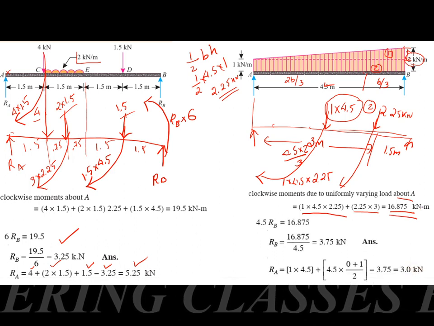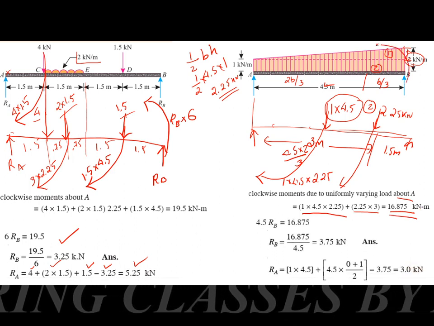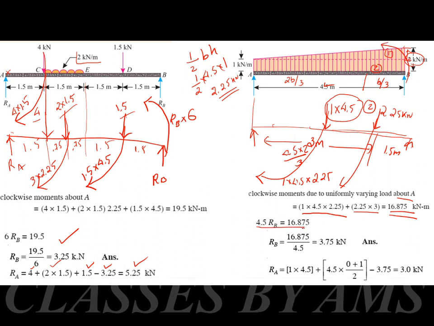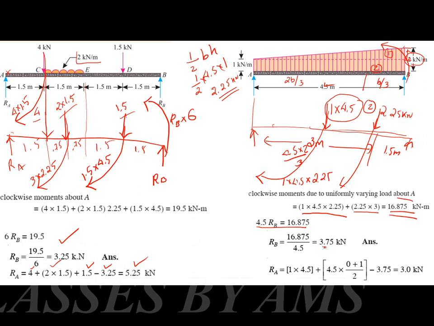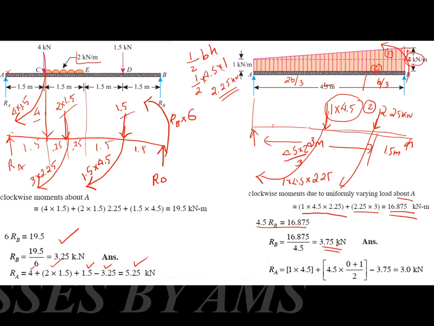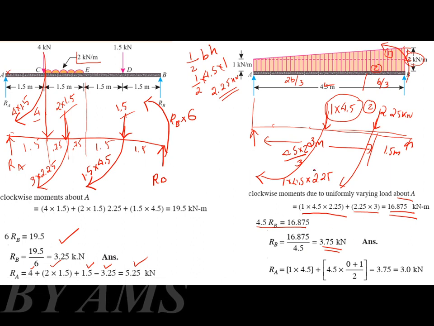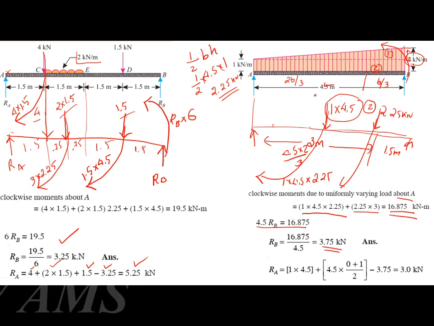Then the total anti-clockwise moment due to RB is given by 4.5 into RB. Equating these two, we obtain the value of RB as 3.75 kilonewton. And from equating total upward force to total downward force, we obtain the value of RA as 3 kilonewton.